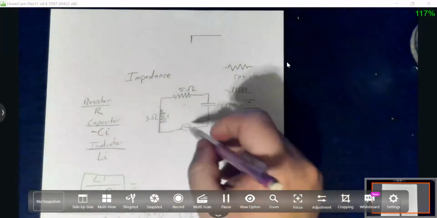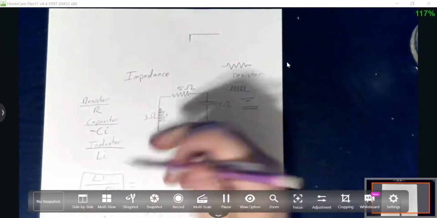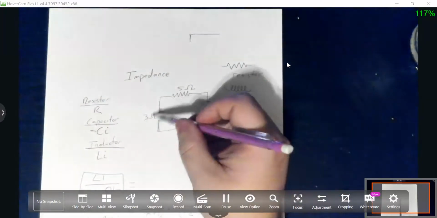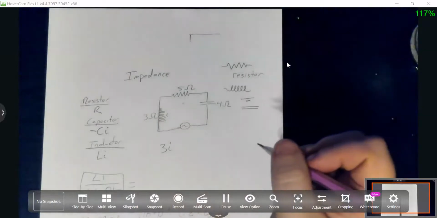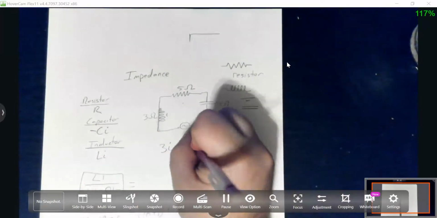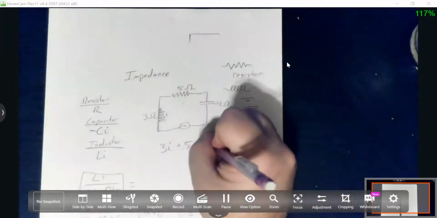So if I wanted to figure out the total impedance of this circuit, I can go around looking at the different objects in it and converting them. As I go around this circuit, I have an inductor here with 3, so that would be 3i impedance. The resistor is just 5, so that's 5. Capacitor is 4, so we'd actually get minus 4i.